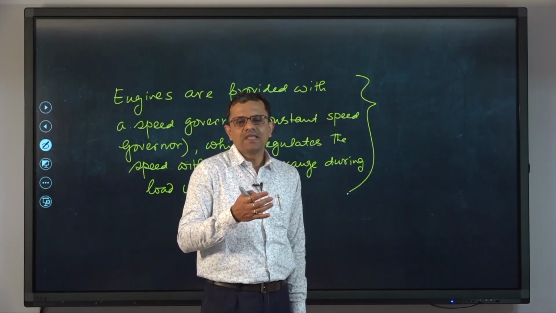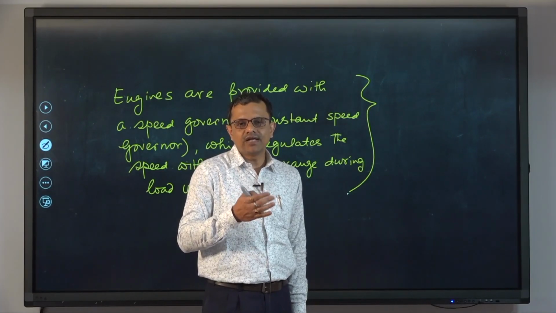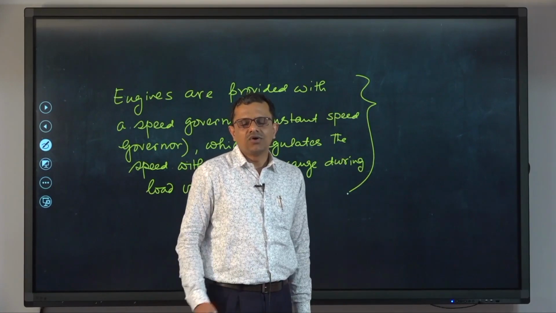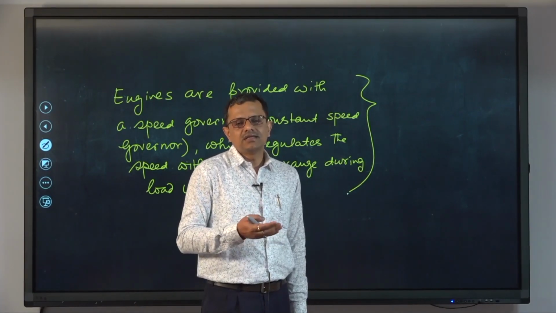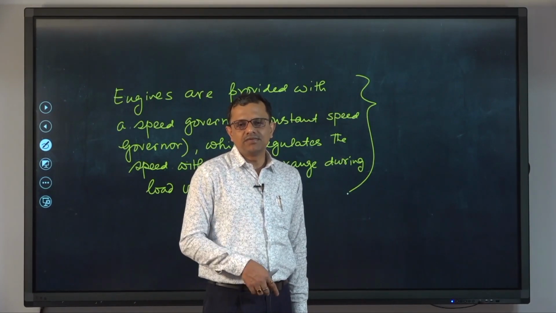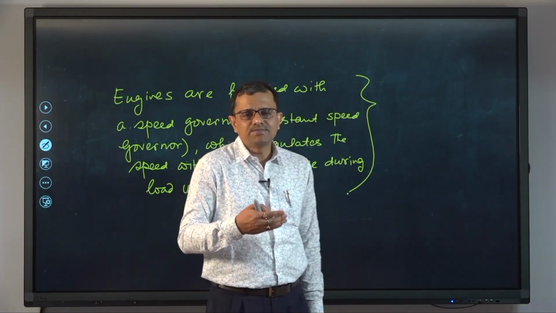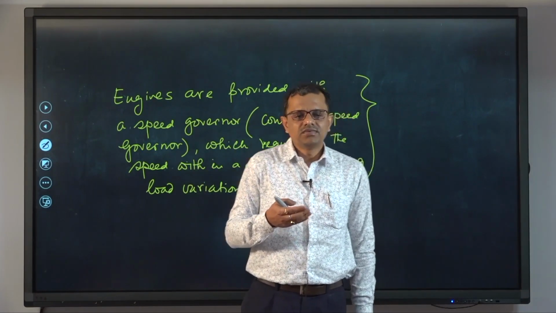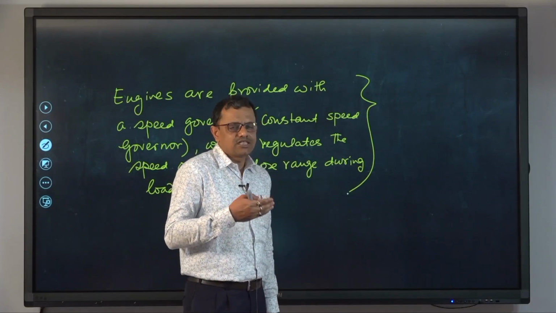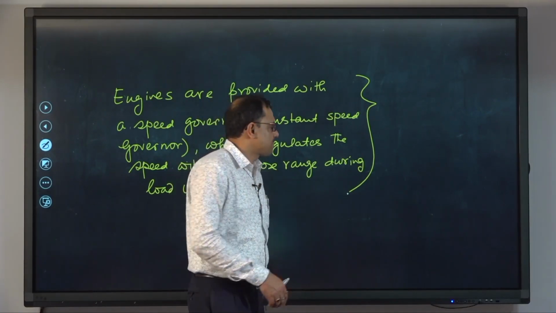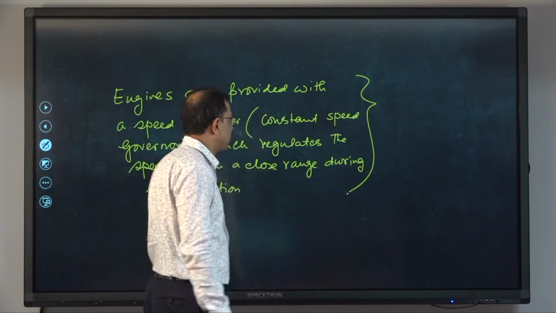That is why variable speed engines are provided with a maximum speed governor, and let us now discuss what this maximum speed governor is, and how this particular governor is responsible to maintain the speed for the variable speed engines if the situation demands.